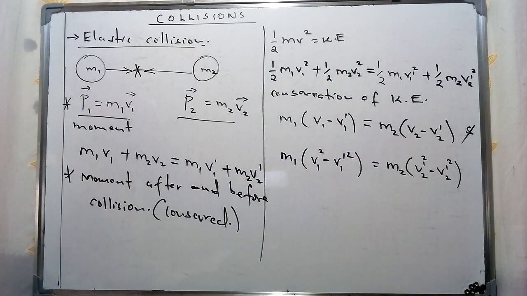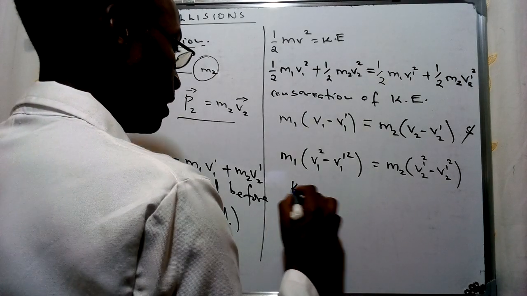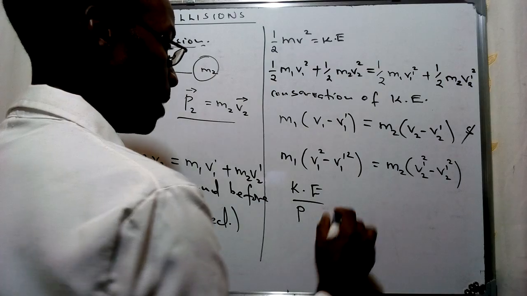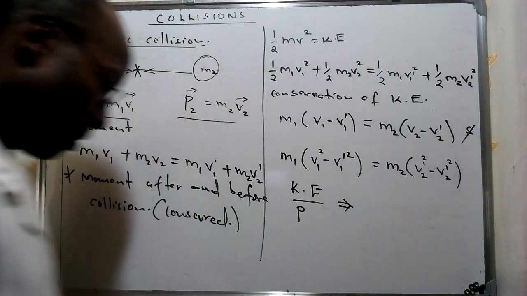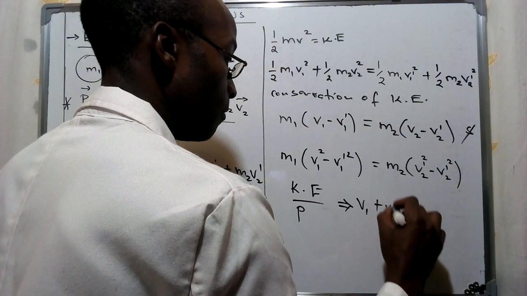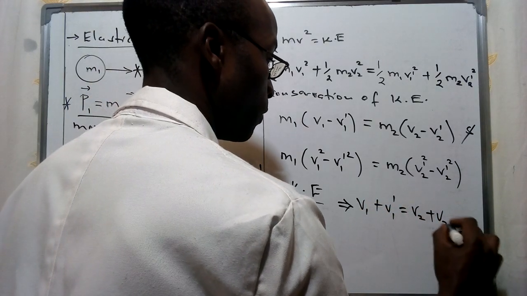So this implies that if we analyze and simplify those equations, and take the ratio between the kinetic energy equation and the momentum equation, we get the relationship v1 plus v1 prime equals v2 plus v2 prime.